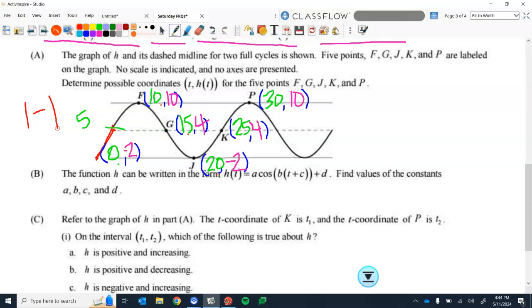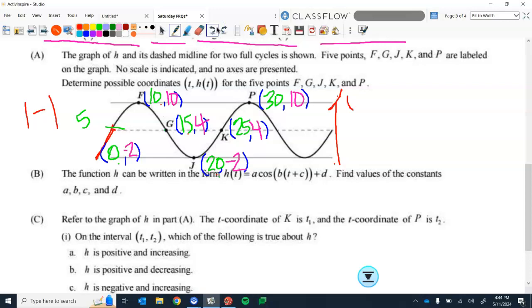My pink numbers are my y values, least to greatest, in this direction. My green numbers are my x values, least to greatest, going in this direction. At least do that much, so that when you try to use these in another part of this question, you can actually maybe function with your numbers.